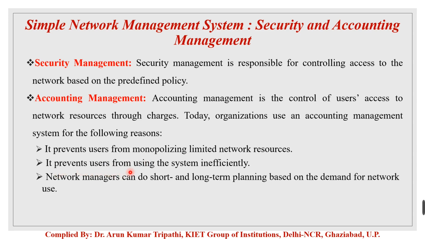It prevents the user from using the system inefficiently. For example, if I do not want to allow the hostellers to use the net and internet during college hours, we can restrict that.